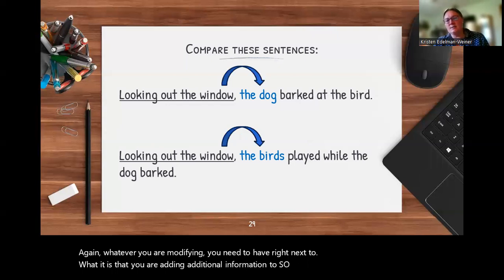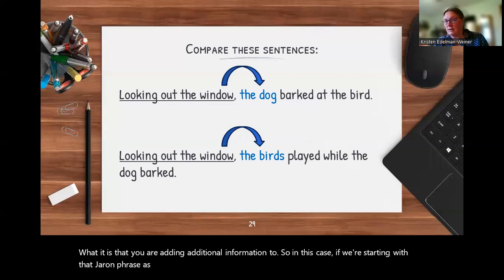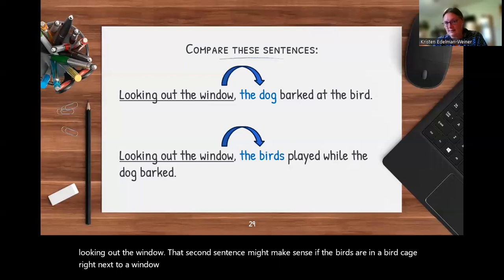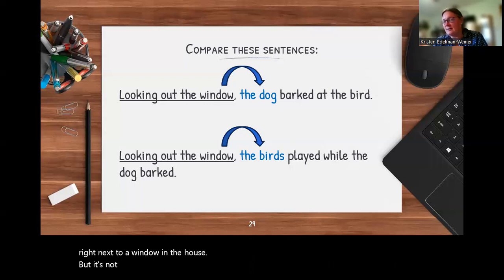So in this case, if we're starting with that gerund phrase as introductory material, "looking out the window," we need to say who is looking out the window. That second sentence might make sense if the birds are in a bird cage right next to a window in the house, but it's not necessarily intuitive.